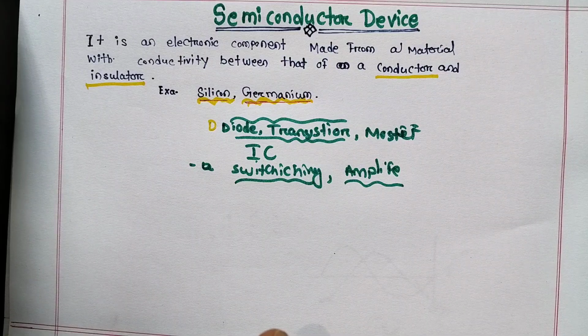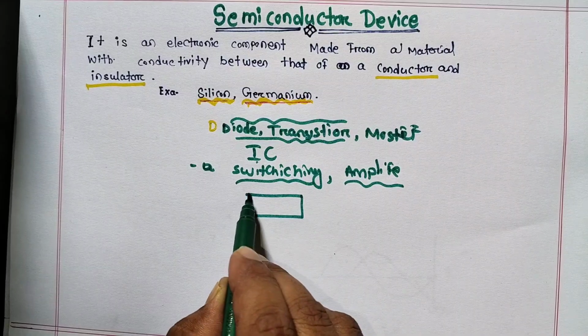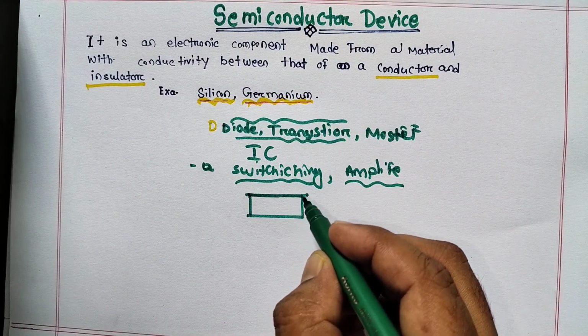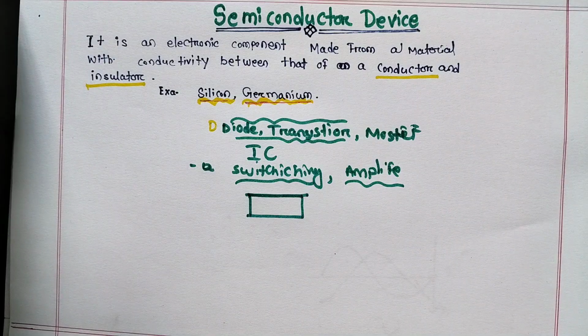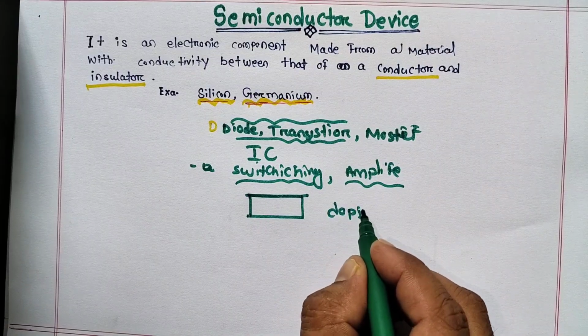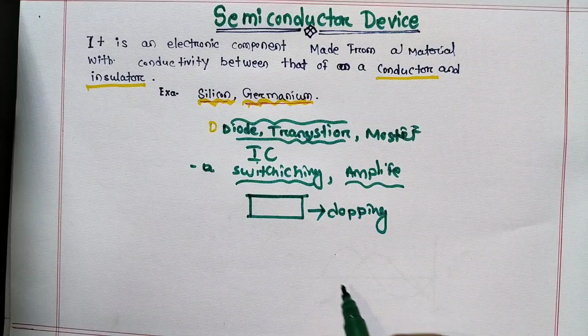How do we make this variable property? By adding some impurity to the semiconductor, we make it more conductive or less conductive. This process is called doping. Adding impurity to a pure semiconductor is called doping.